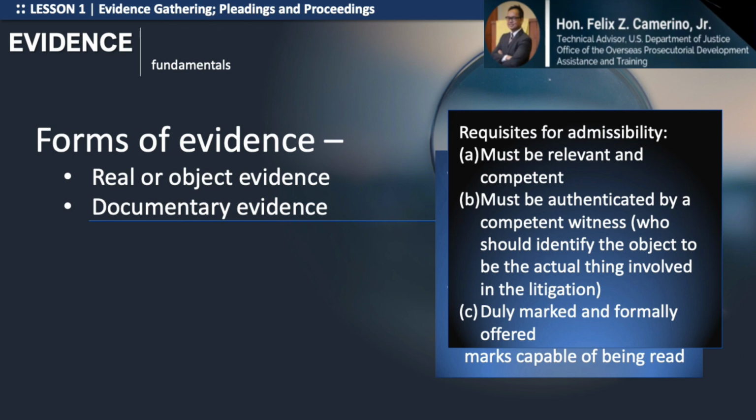Okay. So going back to the requisites for admissibility, as I said, as long as you're able to get it authenticated. And for electronic evidence and digital evidence, there is a special process, even if they're deemed as documentary evidence.